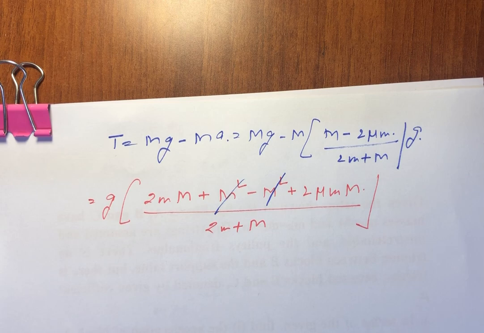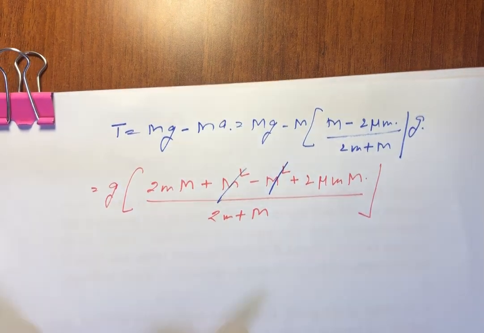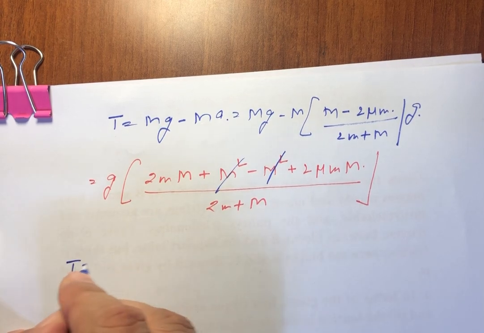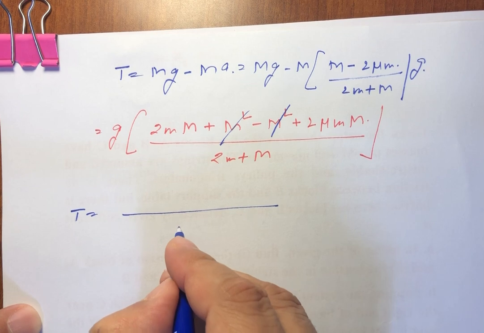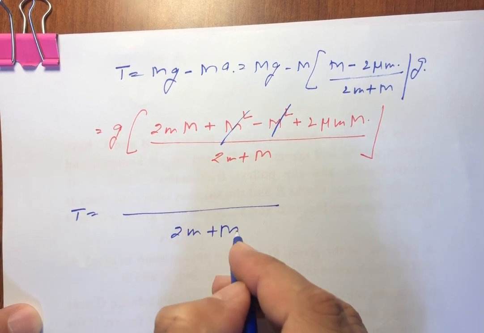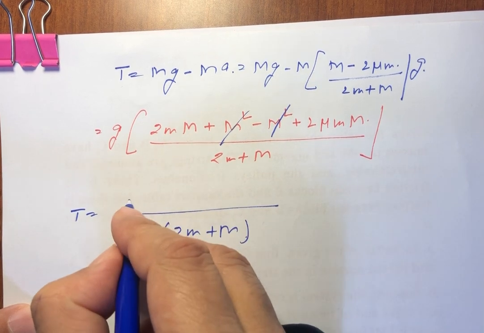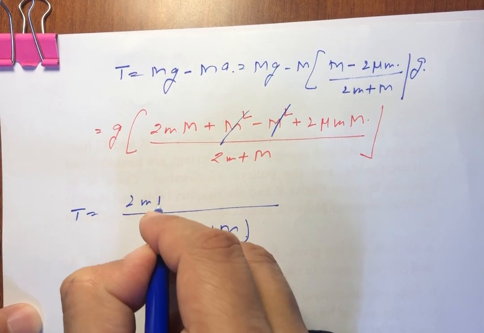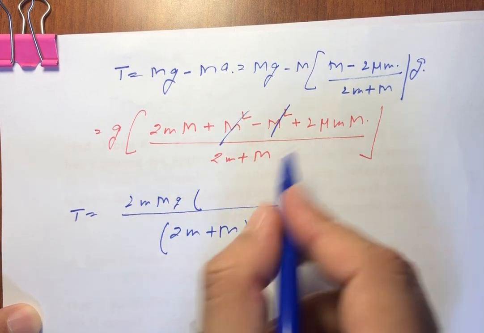From here we can take 2mM common. So we get tension is equal to, denominator is 2m plus capital M, and numerator we get 2mMg, and we get 1 plus mu.